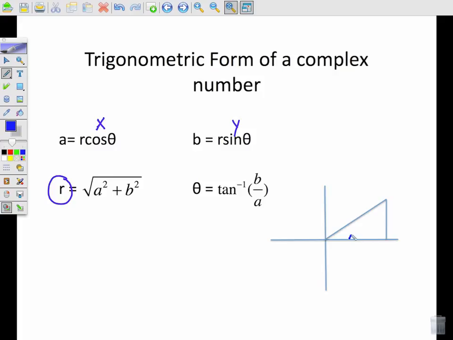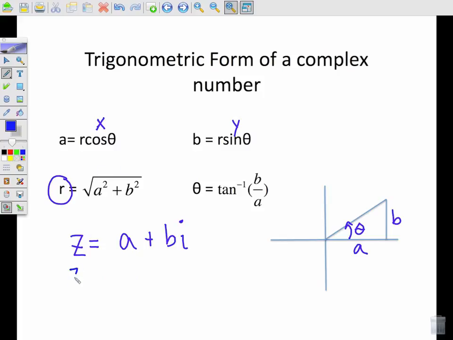And in order for us to find the angle here, if we ever have to find the angle, you use the inverse tangent of b over a. And then you'll be able to find your theta. So here's what we know. We know that normally z, a complex number, equals a plus bi.